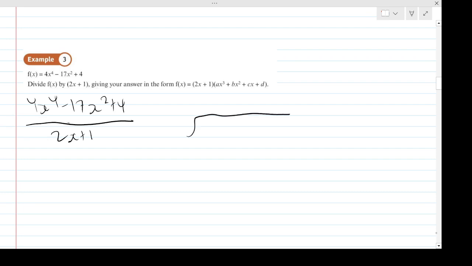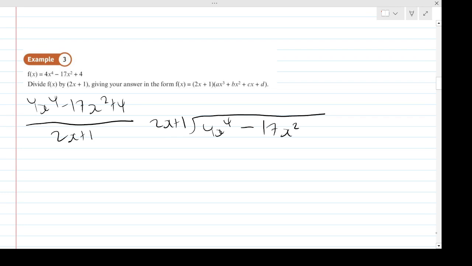Firstly, the divisor, what we're dividing by, has to be outside, and what we have on the top here, the 4x to the 4 and so on, has to be inside. So 4x to the 4. Now, you would perhaps be inclined to say minus 17x squared.